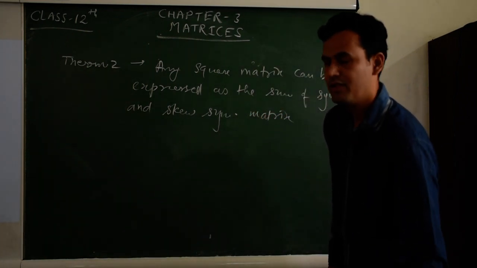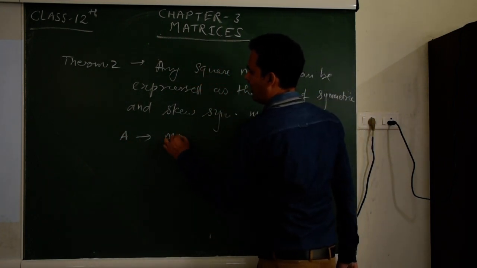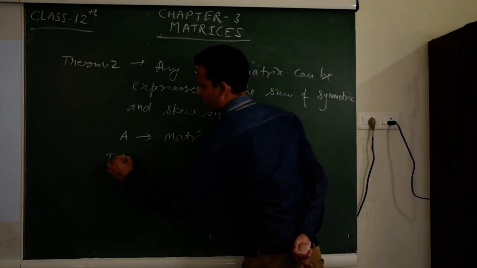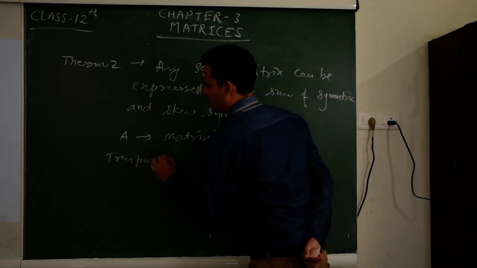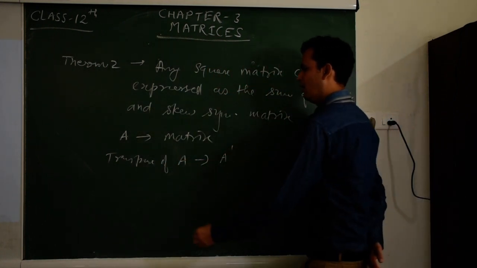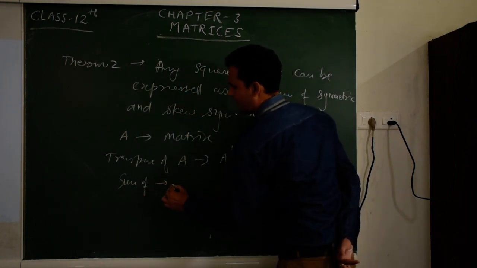Okay, it means if A is any matrix, then first we find transpose of A, that is A dash, then the sum of symmetric and skew symmetric.